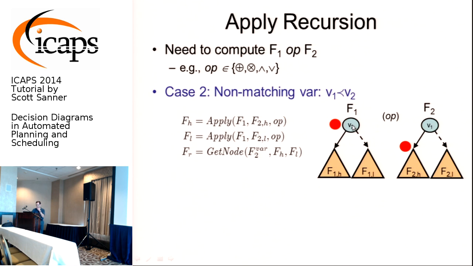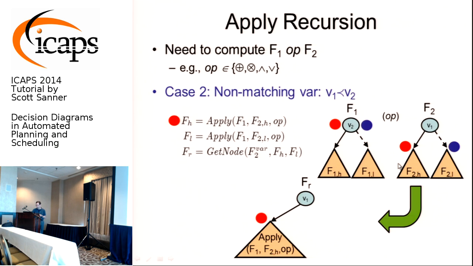I still stay at this level in this diagram. And I apply the operation to this function here and to this subfunction here. Okay? Now that gives me half. And again, for the false branch, I move down to f2 because I'm recursing on this variable, but I'm not recursing on v2 yet. So I just do the apply operation between the two blue-enabled nodes. Here, I get the result, and again, I apply get node.